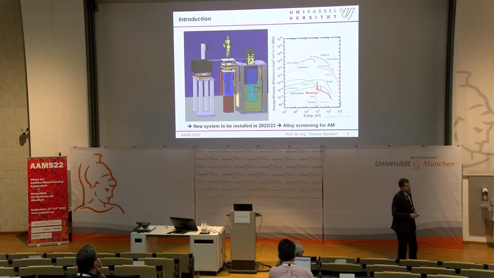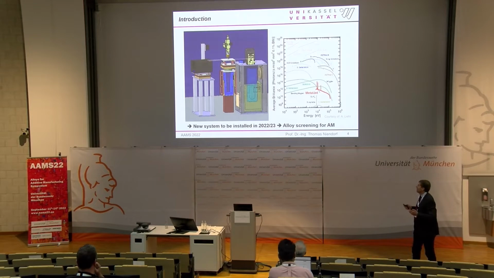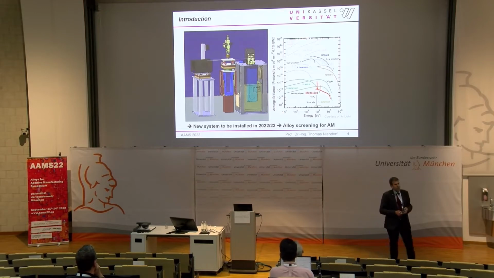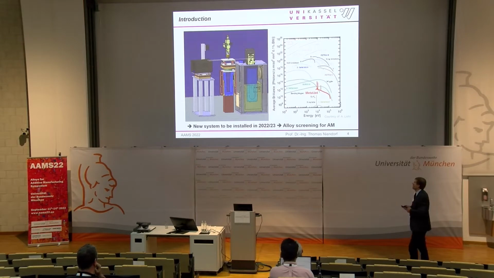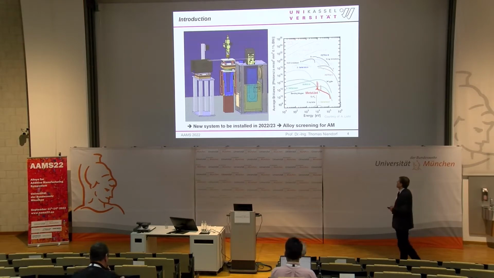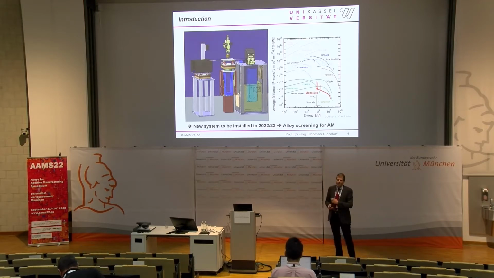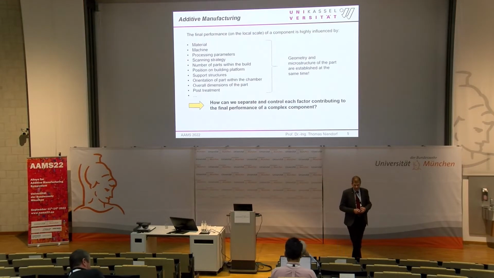We will have a fast flat panel detector, so on a lower level, but in principle we will be able to do the same things that are done nowadays at synchrotron sources. This is meant for materials development, so we will only print thin walls, not complex structures, but the purpose is to build up material libraries. So come to Kassel in 2023, then you will see this in action.